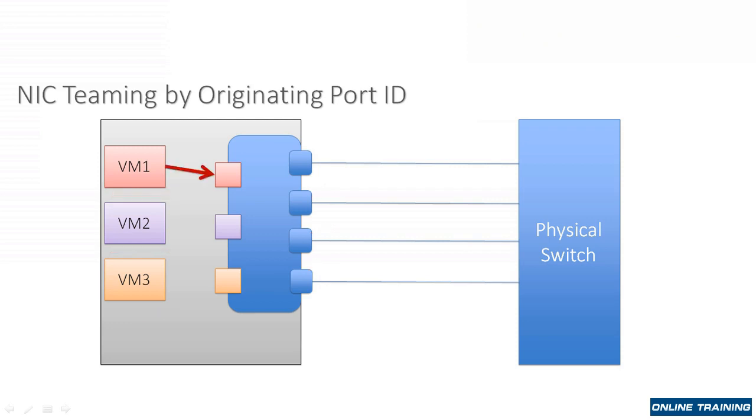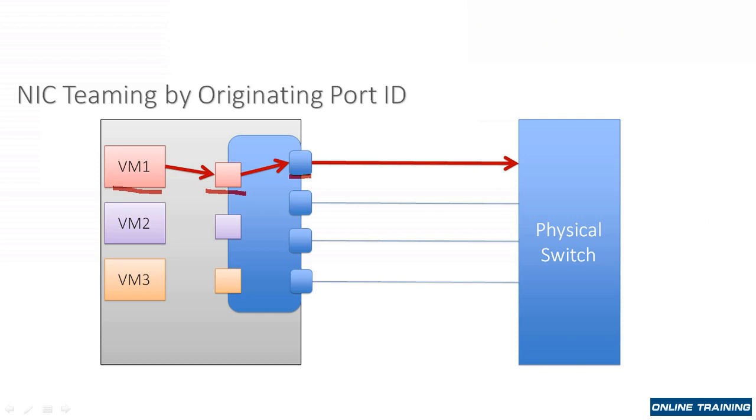So the way that NIC teaming by originating port ID works is each virtual machine is connected to a certain port on the virtual switch, and based on the port that it's connected to on the virtual switch, that VM will be tied to a specific physical adapter, a specific VMNIC.